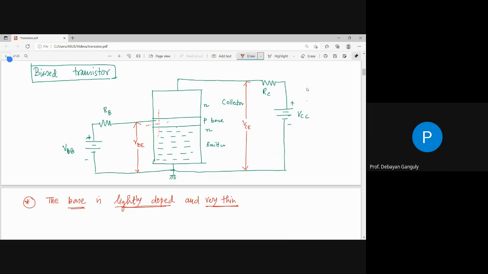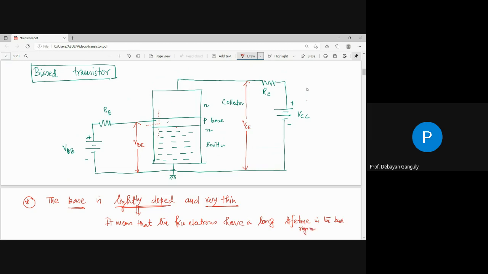That means the reason for the lightly doped base is that lightly doped actually means the free electrons have a long lifetime in the base region.